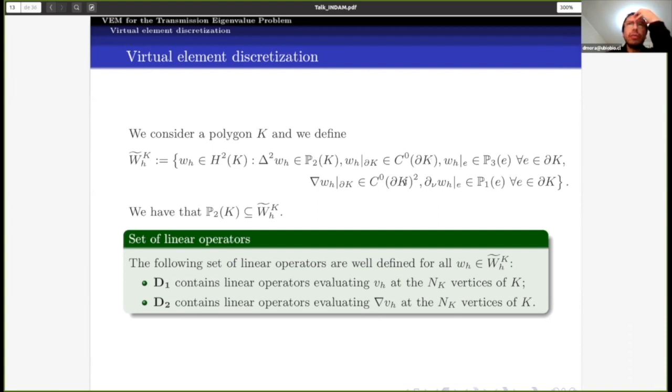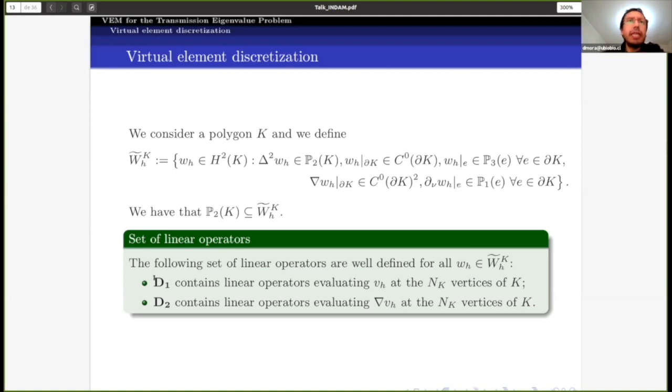Now we observe here that we are going to consider an enhancement technique in order to construct ad hoc projections in the L2 setting. We observe here that the P2 polynomial space is included in this space, and the set of linear operators, after the enhancement technique, will be the degrees of freedom of the space.